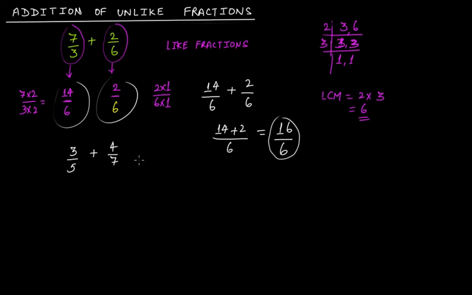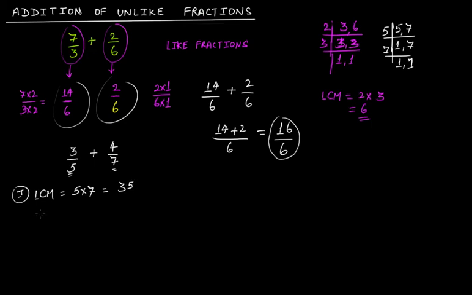The first step is to find the LCM of 5 and 7, the denominators. So 5, 7, the LCM will be 5 times 7, that is 35.